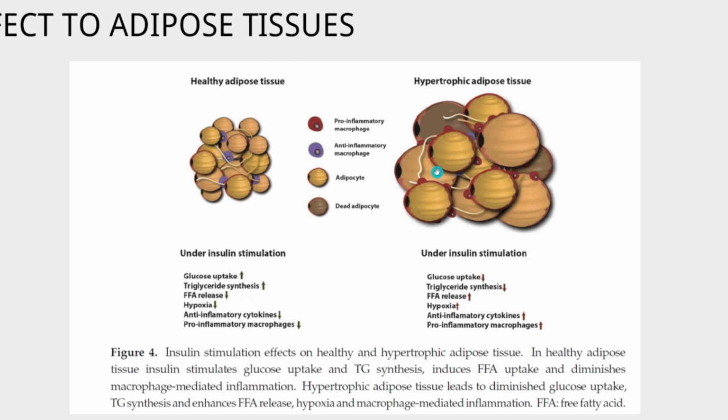So actually it triggers inflammation. The cellular stress triggers the pro-inflammatory cytokine. You can see here, anti-inflammatory cytokine, pro-inflammatory macrophage. If these two are increasing, meaning that you are causing inflammation to your adipose tissue.